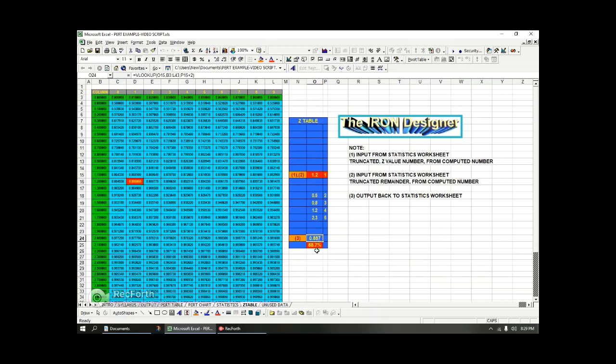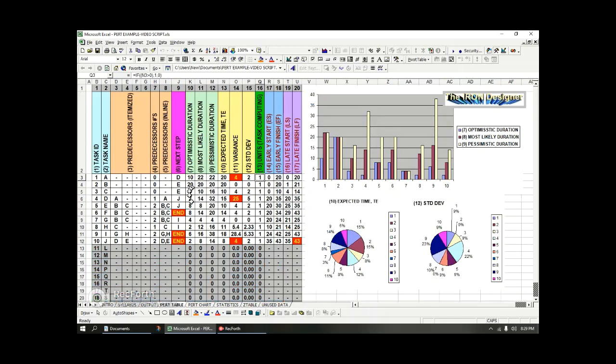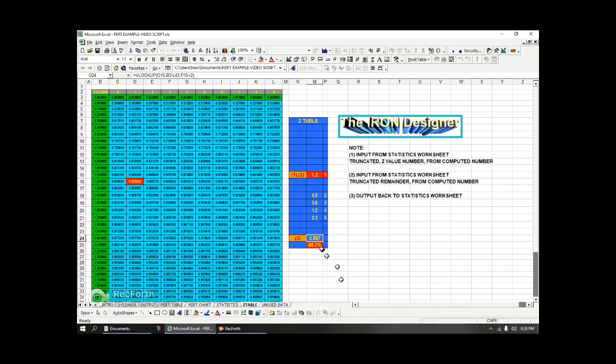So in construction, say you have an 88% chance of getting the project done within 45 days, according to the Z table and according to your PERT chart, if you remember that, and these numbers are accurate and we're just basing it on these estimated values, then in your Z table chart, you're coming in with at least 88%.